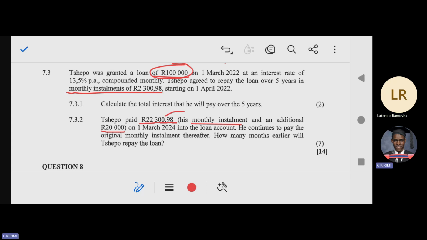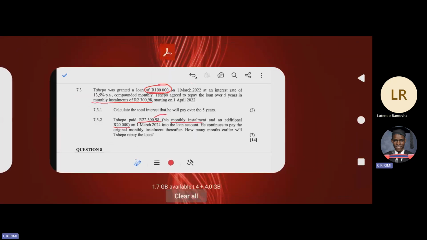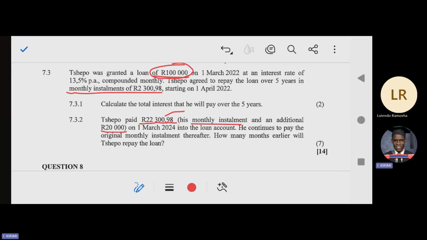And how many years were left? 3 years. So the question now is saying how many months earlier will Tsepo repay the loan? So this is a timeline. We are going to say after 2 years, how much money was left after 2 years?